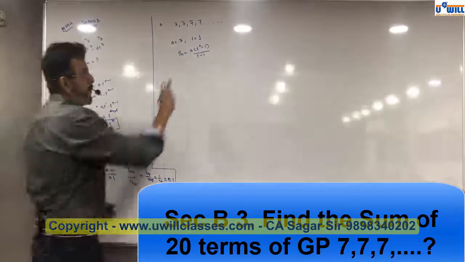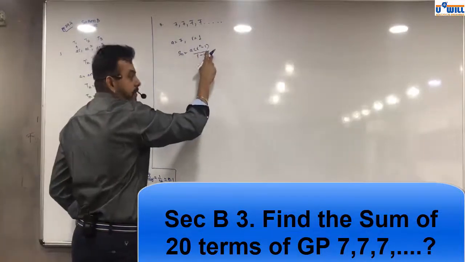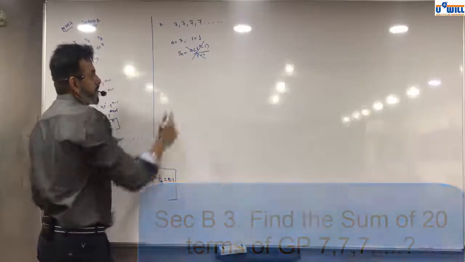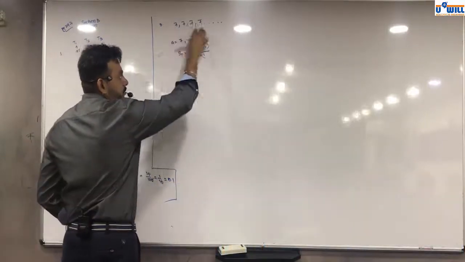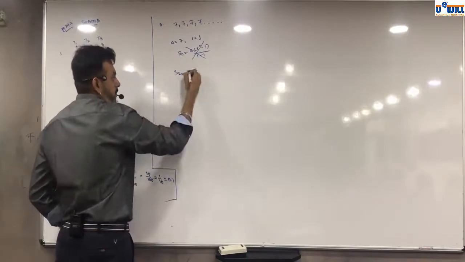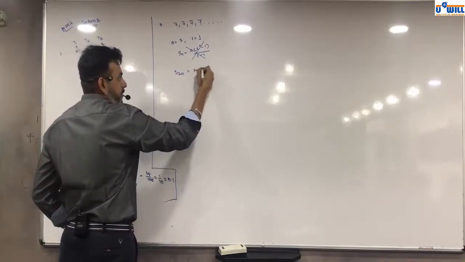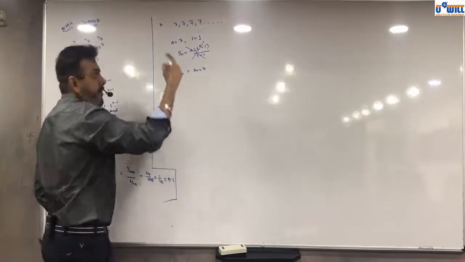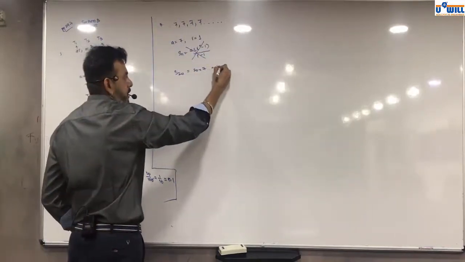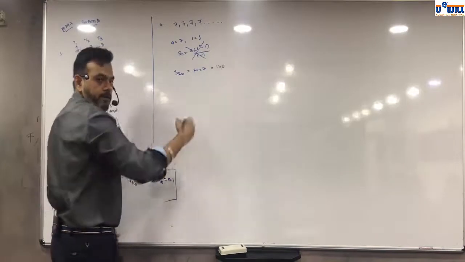If we use this formula, 1 minus 1 will become 0. So what we will do is, we want a total of this. How many terms? 20 terms. This is equal to 20 into 7, 20 times 7, which is equal to 140.